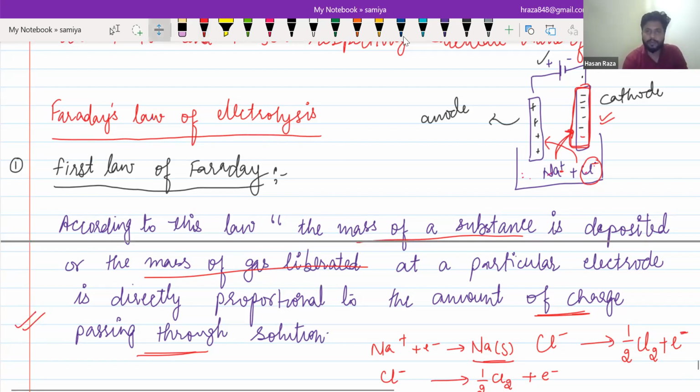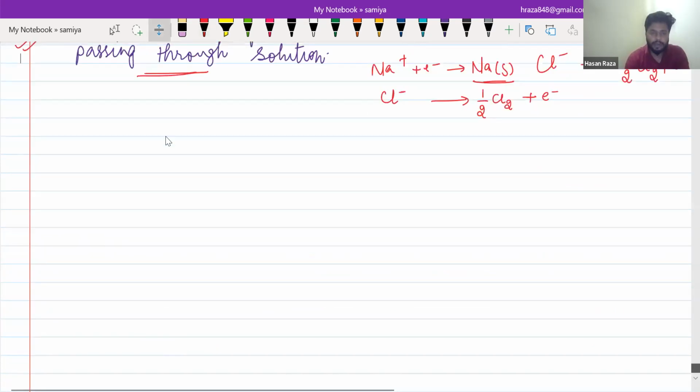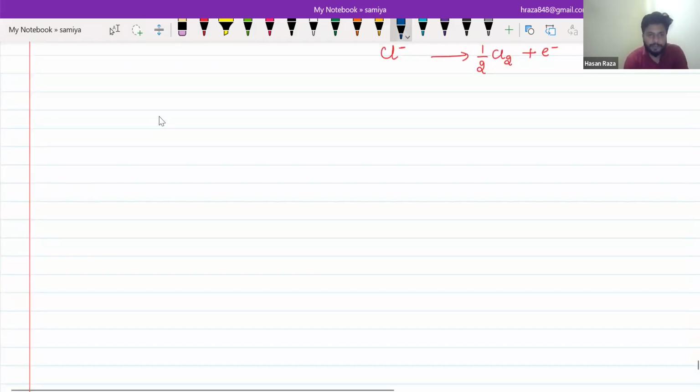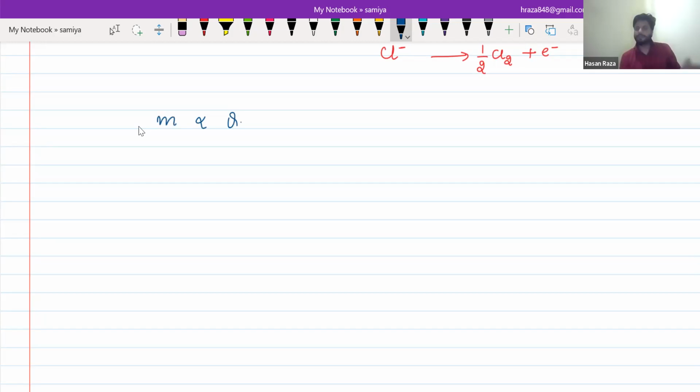Okay. Now I'm going to derive a formula for this. Now you can see mass is directly proportional to the charge. This M is the mass of a substance deposited or mass of a gas liberated at a particular electrode, directly proportional to the charge. Whatever is the charge passing through that solution, mass will be directly proportional to that.